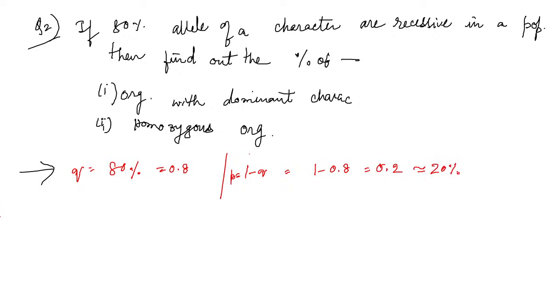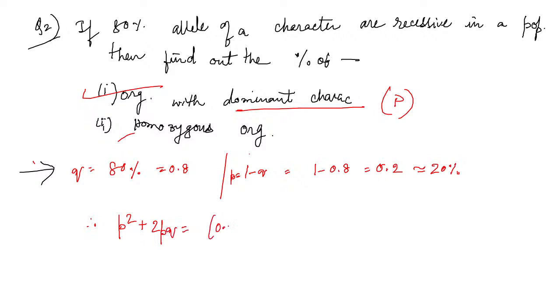Now, number 1, the dominant character. What is the dominant character? According to the Hardy-Weinberg principle, dominant was p. So to find the dominant character, it is p square plus 2pq, which equals 0.2 square plus 2 into 0.2 into 0.8.